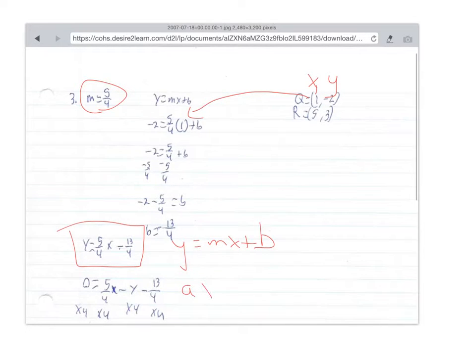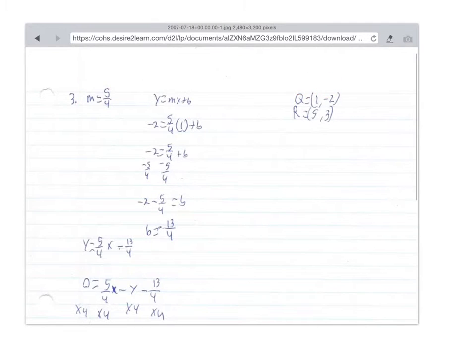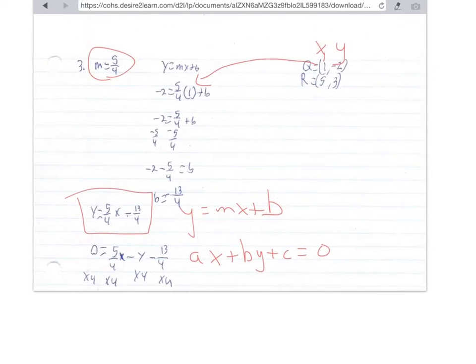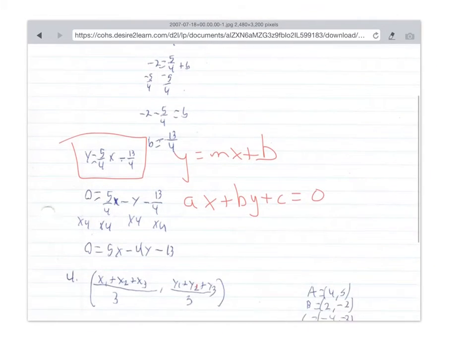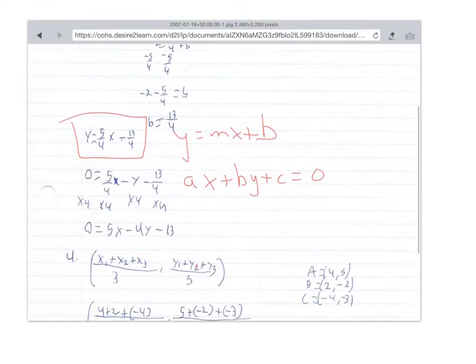And here you put it in what we call standard equation, Ax + By + C = 0. If you're going to do that, then something that you might find a little bit easier in terms of using that form would be, oh, you did it here, I'm sorry, I didn't see the next line, multiplying everything by 4. And so that way you've got no fractions left in your equation, which is sometimes easier to work with.